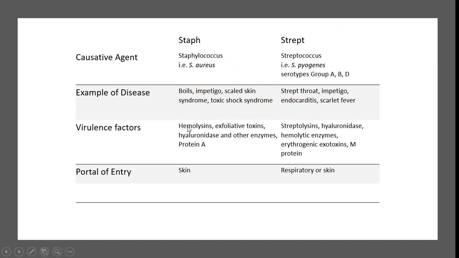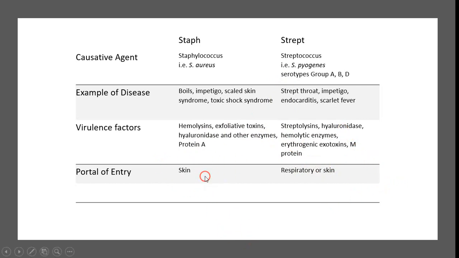Similar in the fact that they both have toxins and enzymes in their virulence factors and a specific protein, but a little bit different in what those toxins and enzymes are. So staph, of course, is going to have hemolysins, but it's going to have an exfoliative toxin, and it's going to use protein A. Strep also has hemolysins, but it's going to have a much greater hemolytic effect, and it has those erythrogenic toxins and the M proteins.